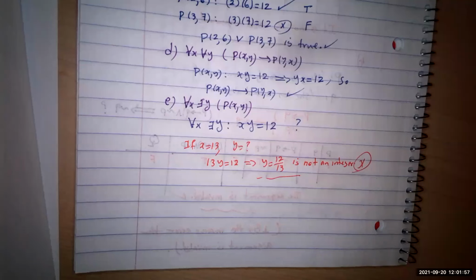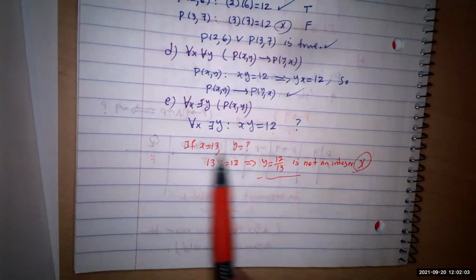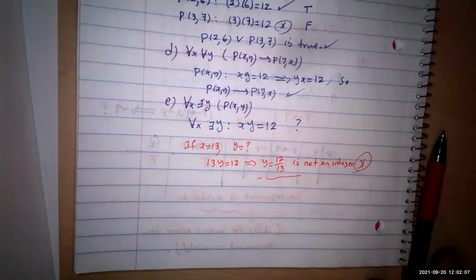Any question? So read it carefully. You may have to do something similar on the test. If you want to reject a statement, just give us a number. In mathematics, if you want to prove something, an example is no good; you have to prove it. But if you want to reject something, one example is enough, because you can do whatever you like.